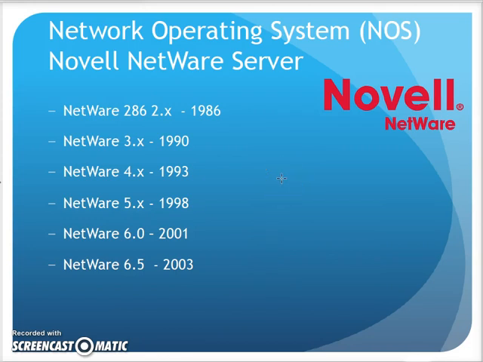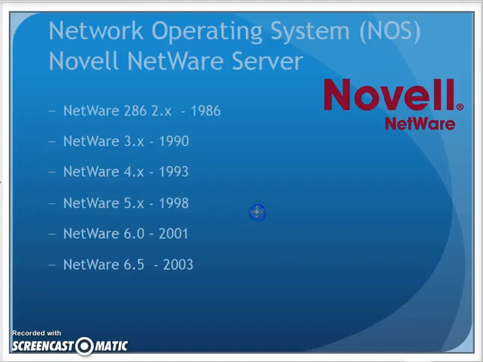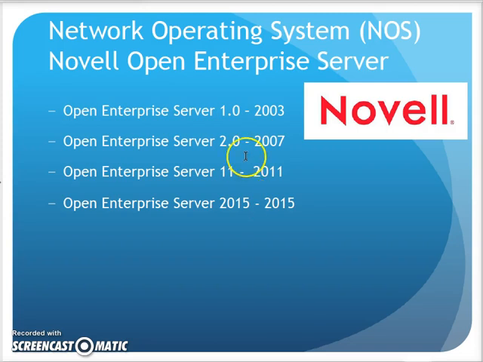They were actually one of the first ones on the scene, if you notice here by the year, to start doing server things. They had Novell Network up to the early 2000s. You'll notice if you look at their history, their name changes here. This is when they bought SUSE Linux, if I remember correctly, and they used that as the core of their operating system. Then they have their server operating system running up to 2015.